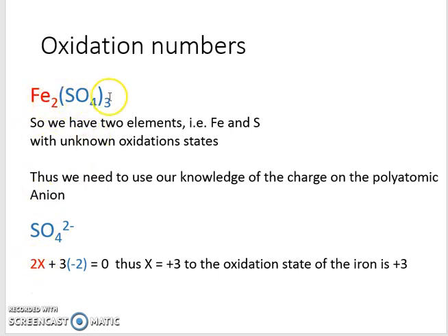And we have 3 of these polyatomic ions, so that's why it's 3 times -2. That -2 is the charge on your polyatomic anion. This whole salt, this iron sulfate, is neutral, so that's why it's equal to 0. Now we can solve for X, and X is equal to +3. So the oxidation state of this iron is +3.